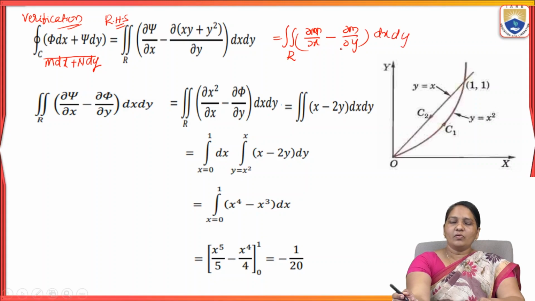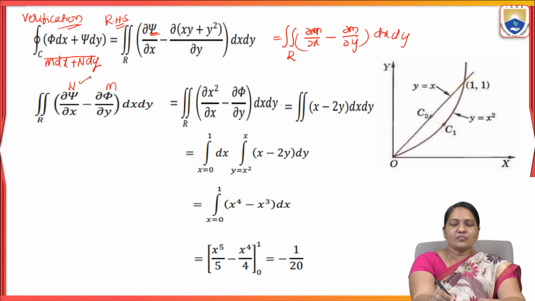Here in place of N we have psi, and in place of M we have phi.